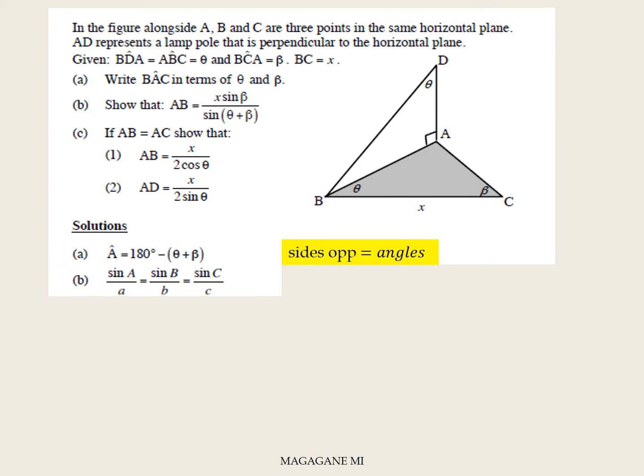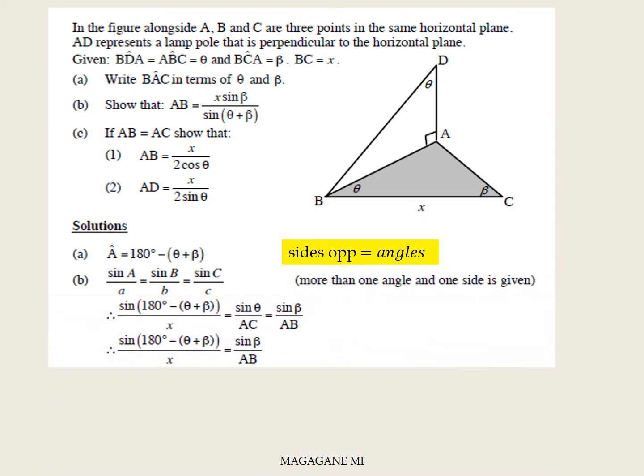Right, number B, show that AB equals x sine beta over sine theta plus beta. So here we're going to use our sine rule because more than one angle and one side is given. So we'll use sine A over x equals sine beta over AB, because we are looking for AB.